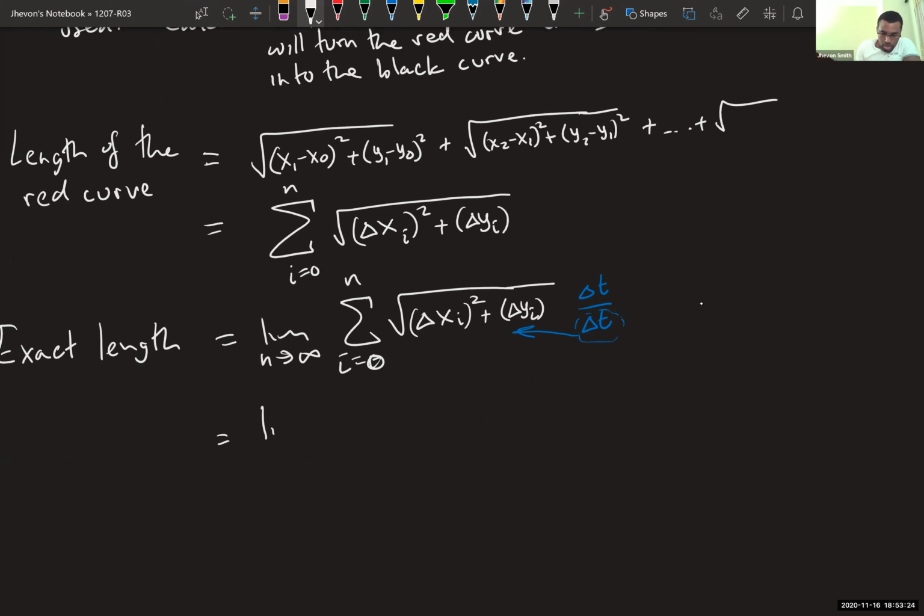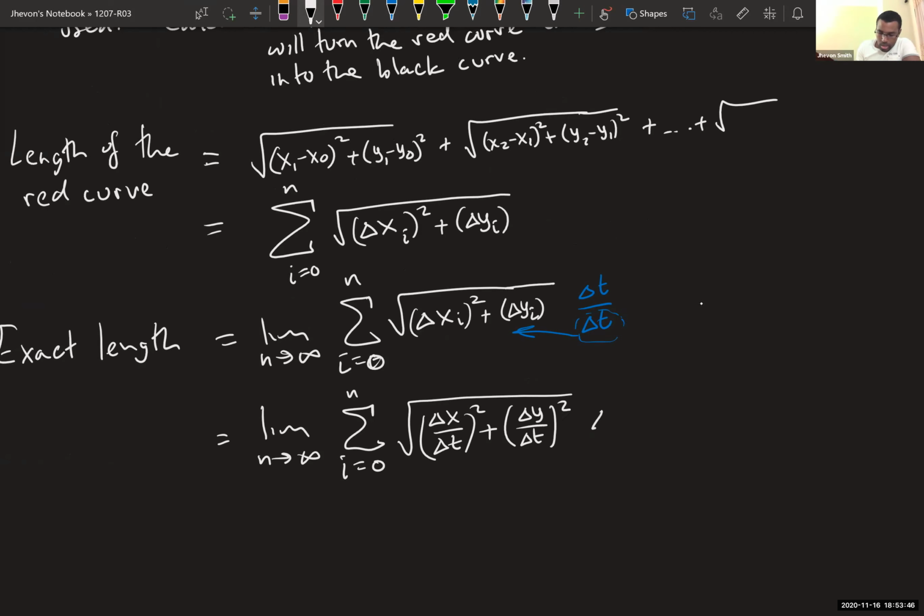So this would become the square root of delta x over delta t squared plus delta y over delta t squared, with delta t on the outside. And then you'd realize that that's a Riemann sum.